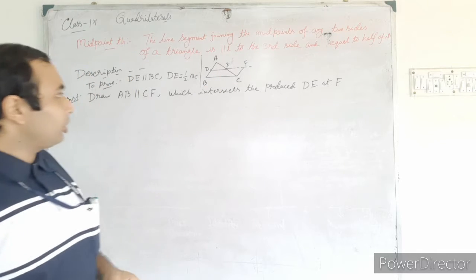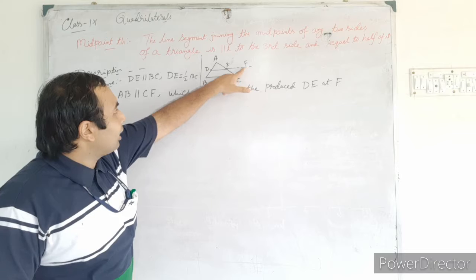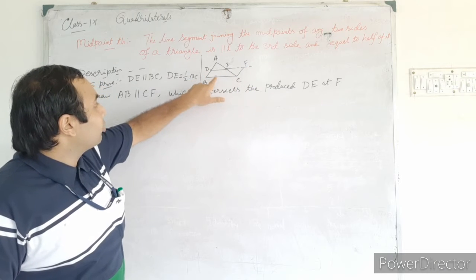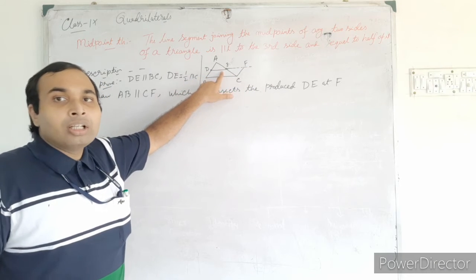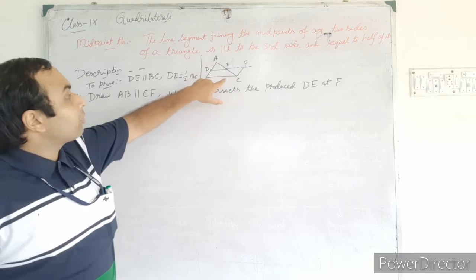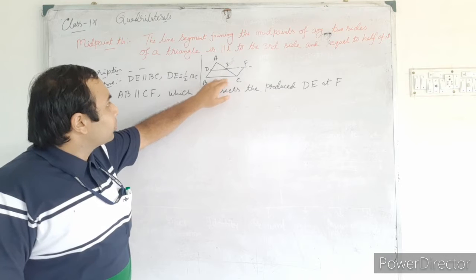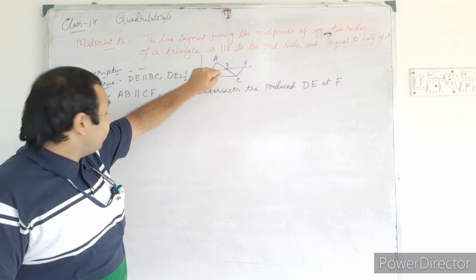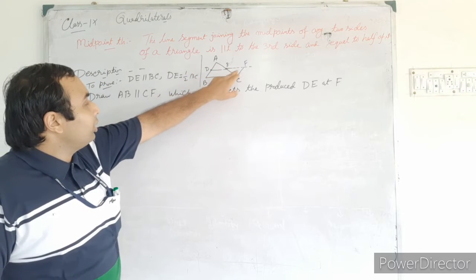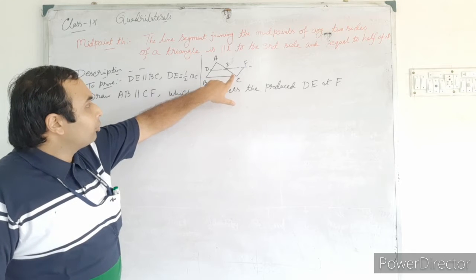You can see now this looks like a parallelogram. We don't know yet that it is a parallelogram, but seeing the construction it looks like one. If we can prove that this is a parallelogram, then obviously we can prove that.